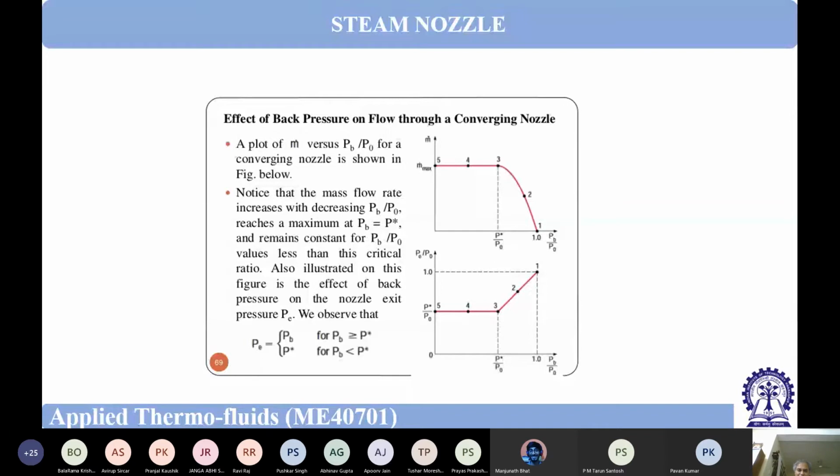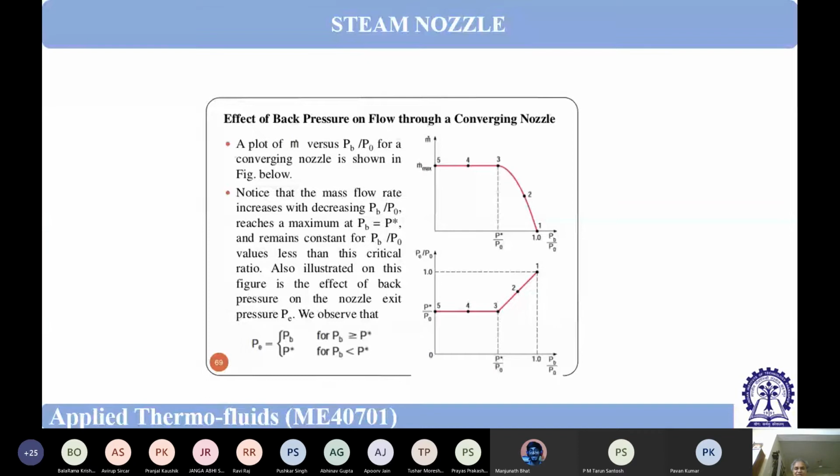The disturbance will move in both directions with its own velocity, which is your sonic velocity. Now, if the fluid has also reached the sonic velocity, then the disturbance cannot move upstream, because air is coming from there with a sonic velocity and the disturbance is trying to move in the opposite direction with sonic velocity. So the disturbance will not be transmitted in the upstream direction.